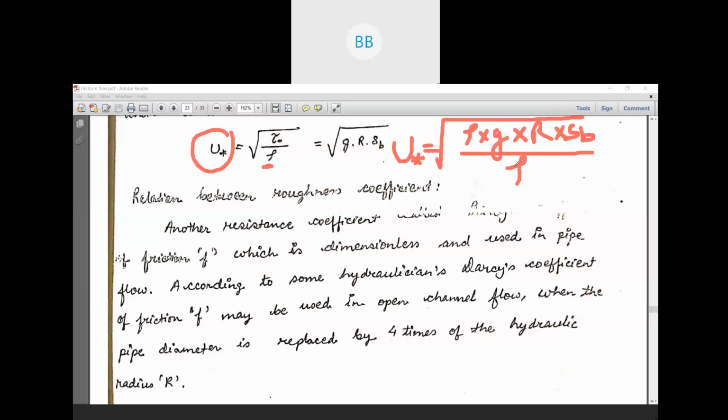So this density and this density will be cancelled out. What will be left is acceleration due to gravity multiplied by R multiplied by bed slope, whole root. So you can write u star is equal to root over g into R multiplied by bed slope.